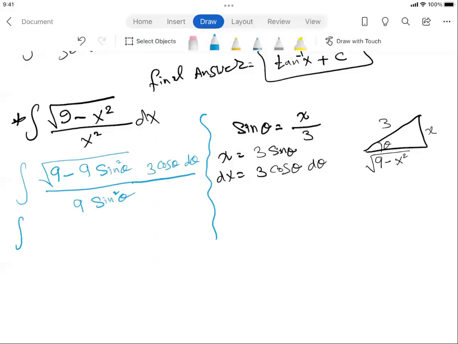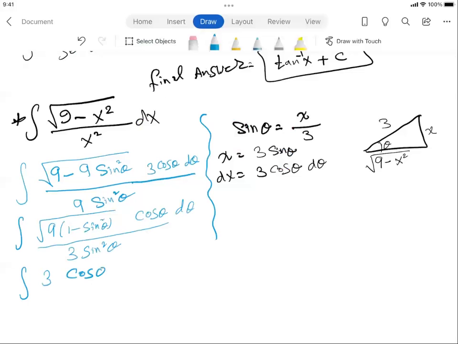Then if I factor 9, I will have 1 minus sine squared of theta. And here, the 3 with the 9 cancels. I will have cosine of theta d theta divided by 3 sine squared of theta. The 9 comes out as a 3, and 1 minus sine squared is cosine squared, but it's underneath a square root, so this becomes cosine of theta.